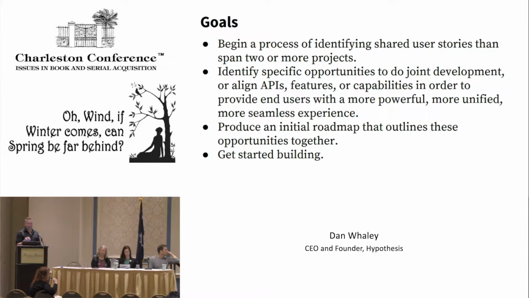Where are there opportunities to do joint development or align our APIs in order to ultimately provide end users with a more powerful experience? And how can we produce a quote-unquote roadmap and get started building together?